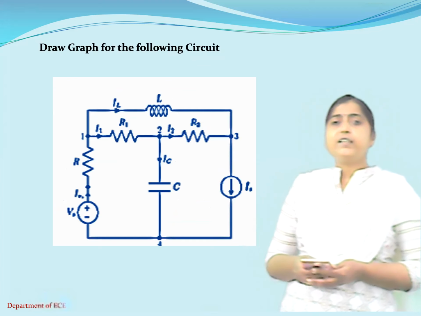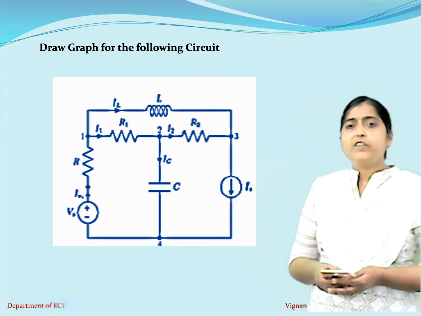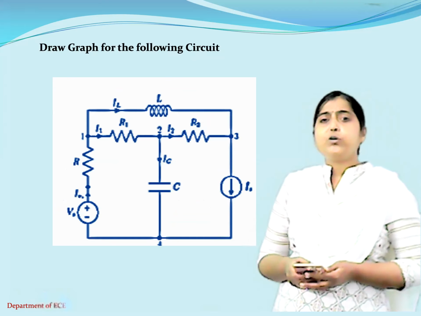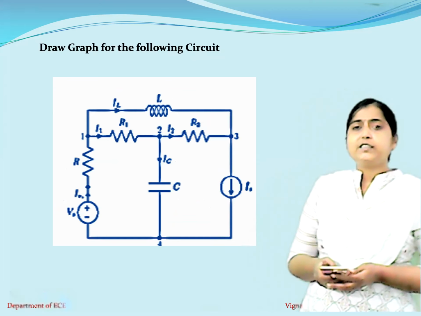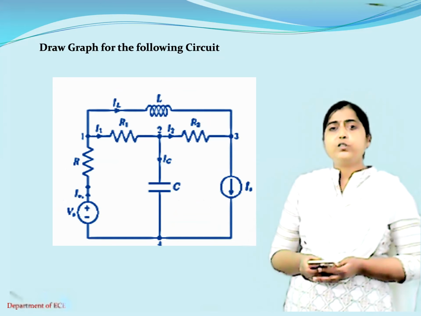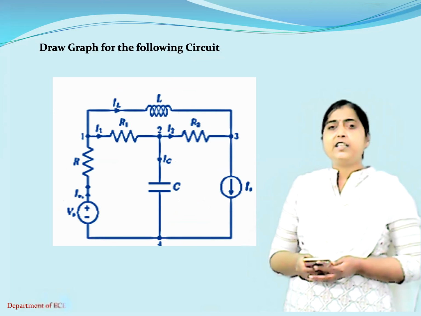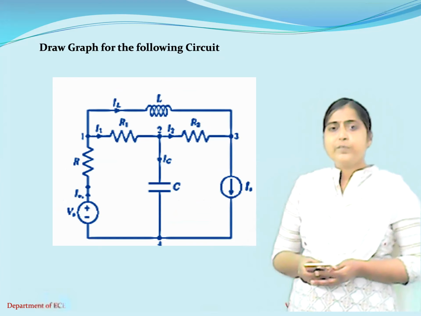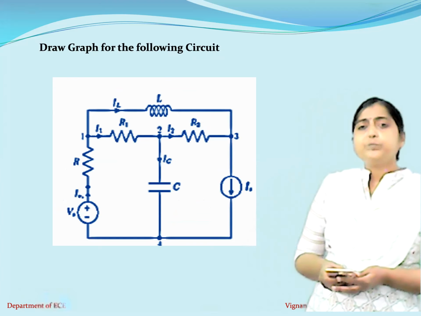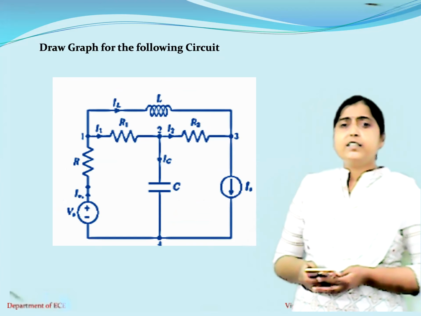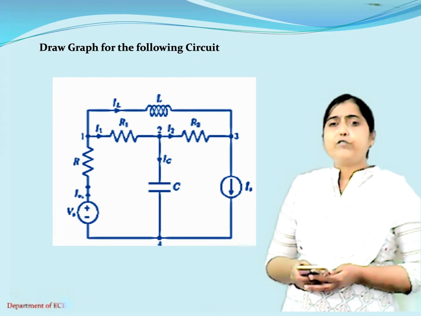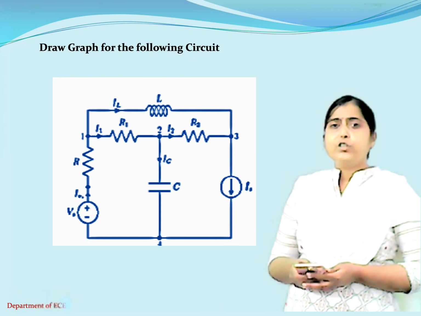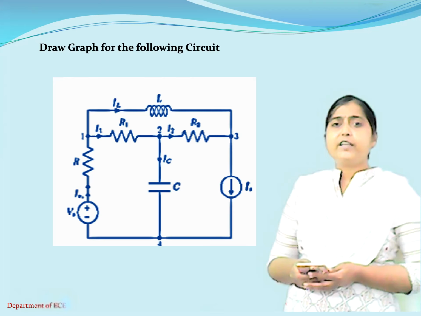So if you look at this particular given example here, this circuit consists of all the elements in the circuit. It has a voltage source, it has a capacitor, it has an inductor, it has a resistor, and it has a current source also. So if you draw the graph for this, you have to be very careful now because it has a current source. So first you have to identify the nodes here. So this is 1, 2, 3 and then 4.